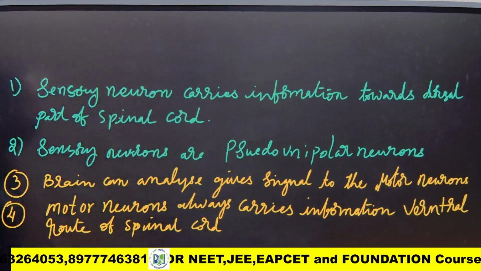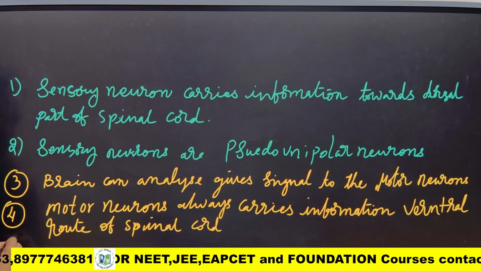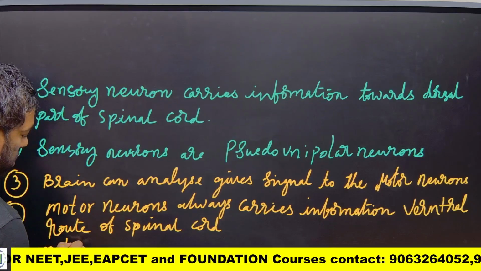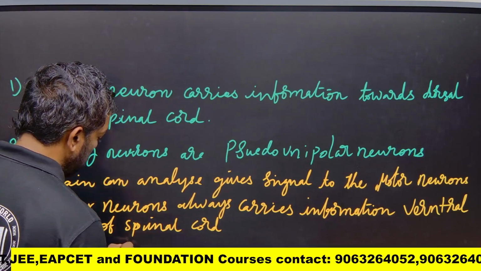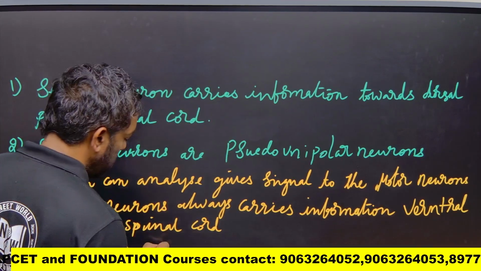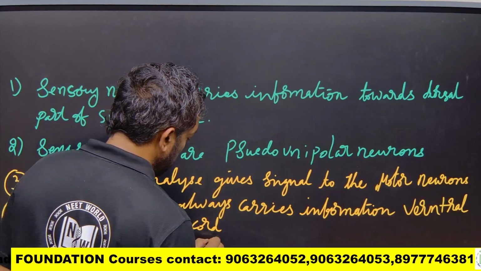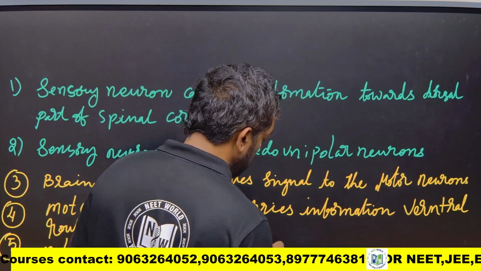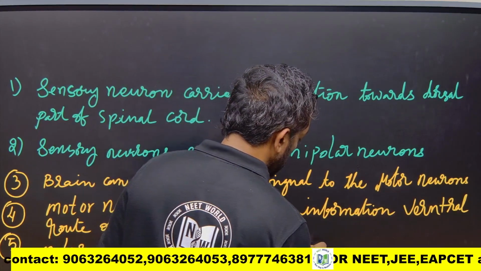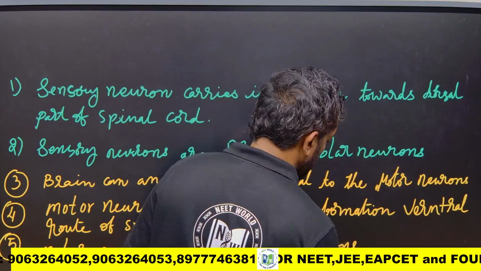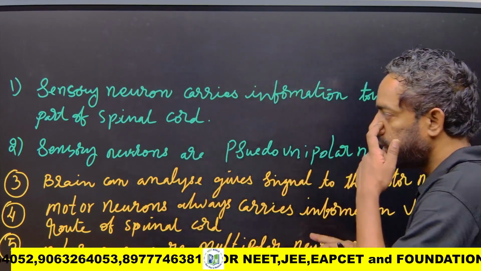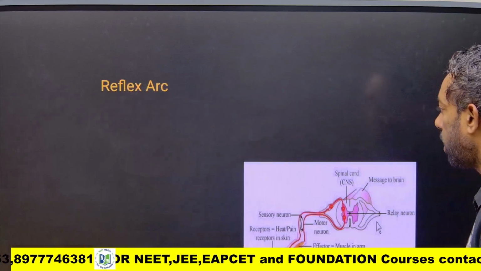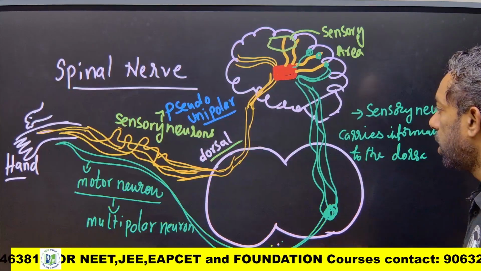Motor neurons are multipolar neurons. Guys, this is the information about what happens in the spinal cord.